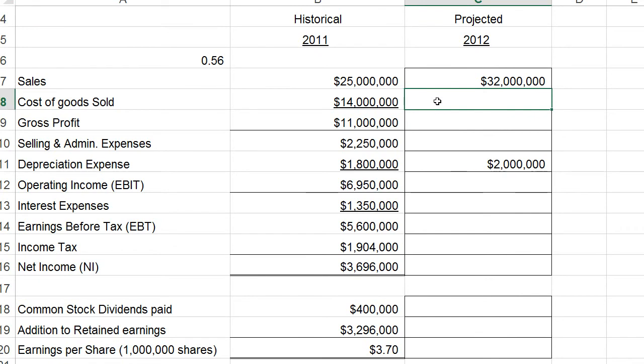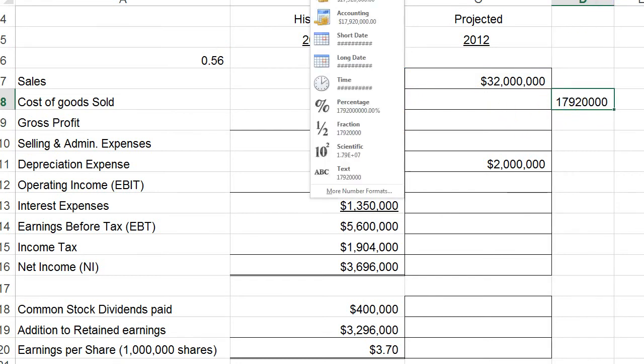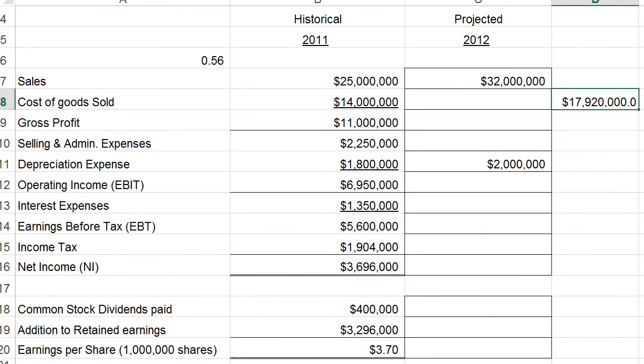And so I could either increase, if I was to take 56%, right. So I'm going to also take this and multiply by.